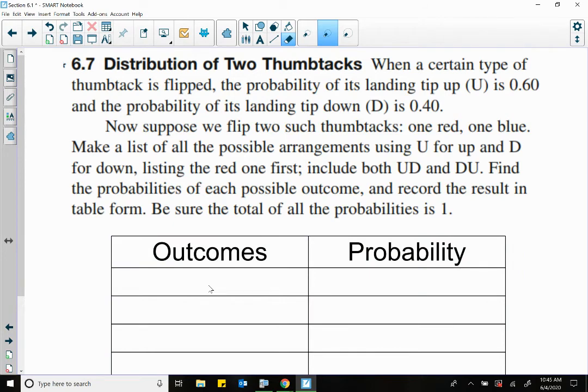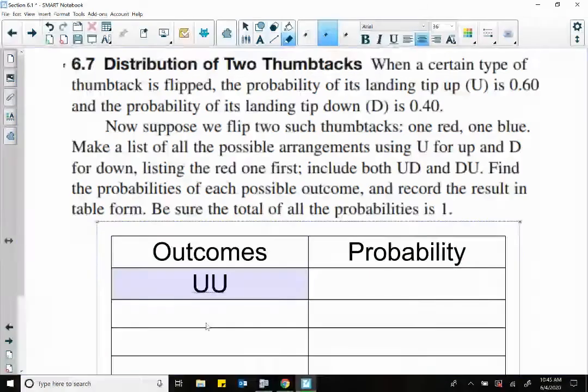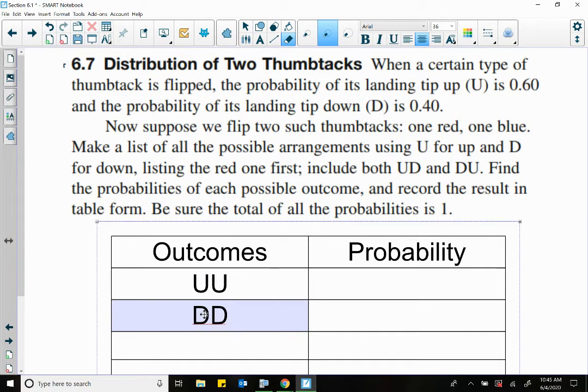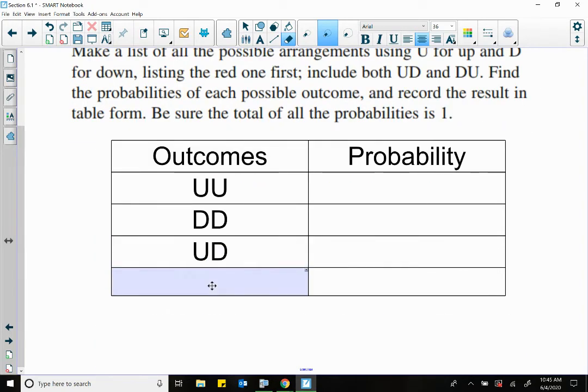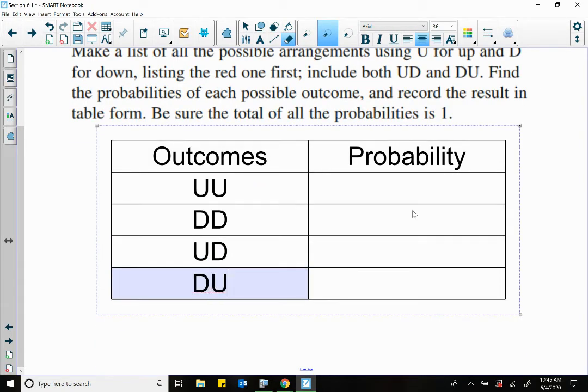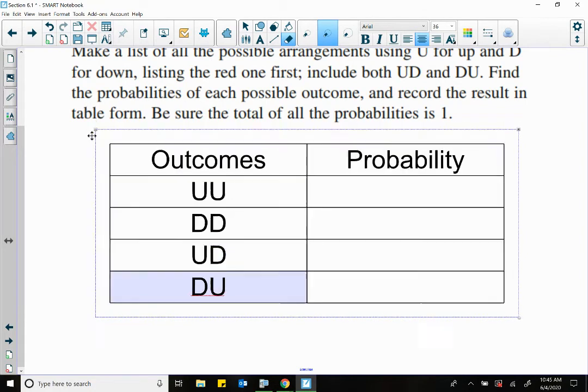So the outcomes we just talked about, UU, DD, UD, and DU. Okay. So how do we figure these out?